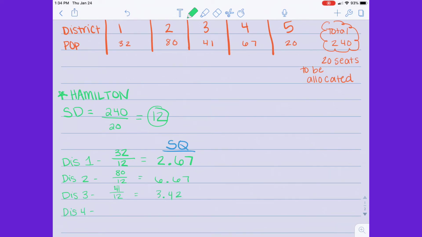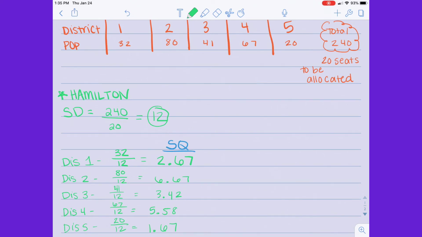District 4 is 67 over 12, which gives me 5.58. And District 5 is 20 over 12, which gives me 1.67. So now I have identified all of my standard quotas for each respective district.